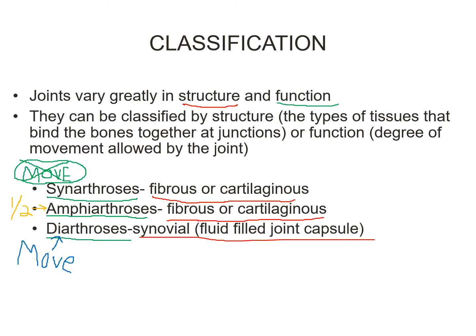Collagen is going to be our main theme here. And then what do you think a cartilaginous joint is made up of? Yeah, exactly, cartilage, right? Nothing crazy there. So it can be either or. I'm going to tell you about the exceptions down the road. But for the most part, the majority of your synarthrotic joints are going to be fibrous. We're going to have big collagen fibers holding these things together.